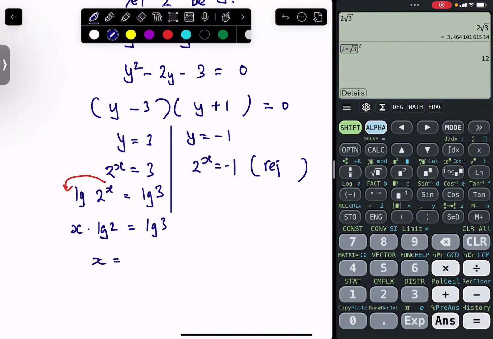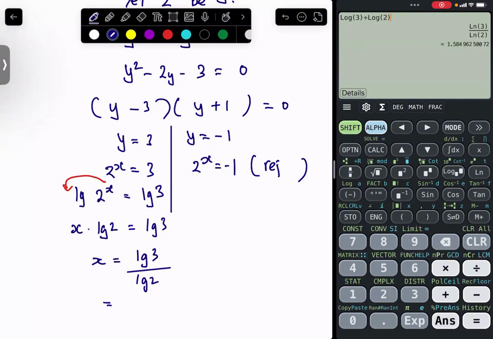So x equals to log 3 divided by log 2, which is 1.58, 3SF.